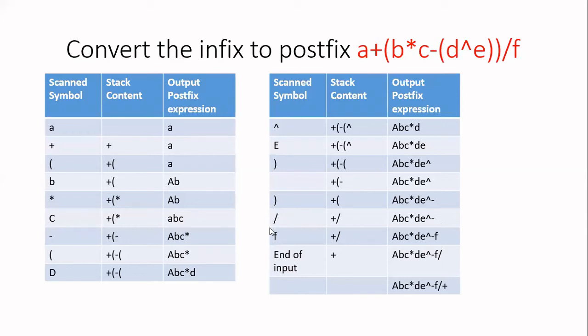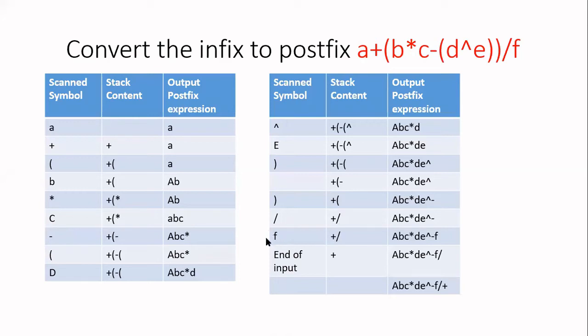What we have on the top of the stack is this plus only, because we have already popped this open parenthesis. Now divide has higher priority than plus, so you push divide on the stack. Remember, a higher priority operator can sit on top of a lower priority operator. So I am pushing divide on the stack on top of plus.